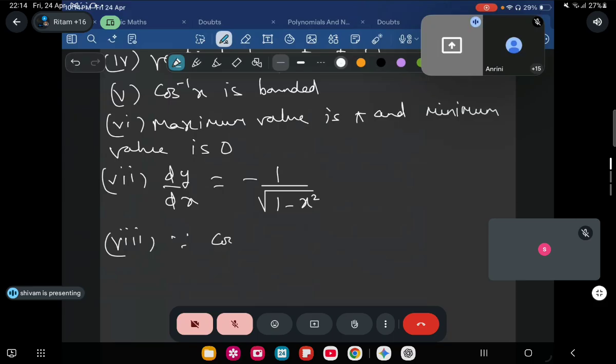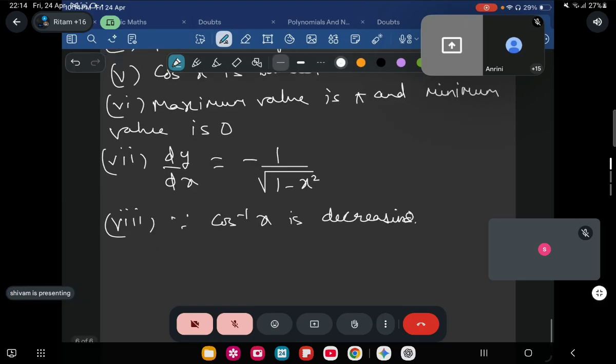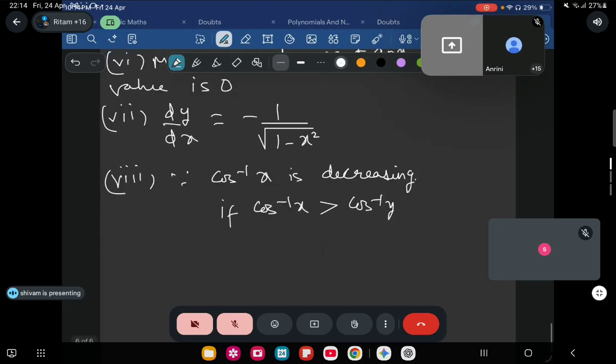Since cos inverse x is decreasing, try to understand everyone. If cos inverse x is greater than cos inverse y, then this implies x is less than y, since cos inverse x is a decreasing function.